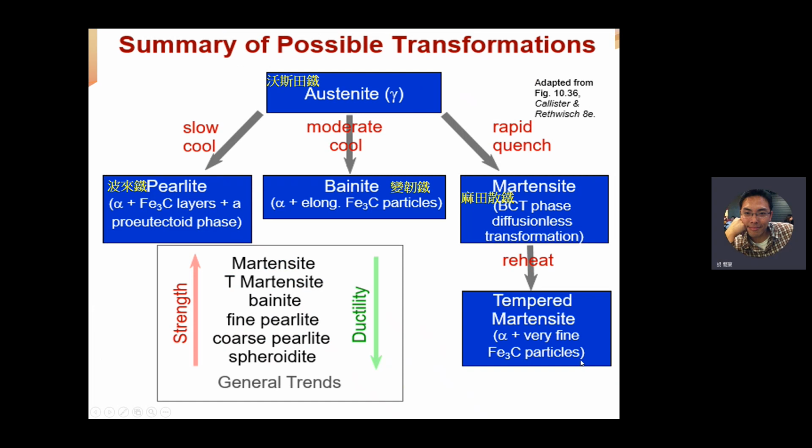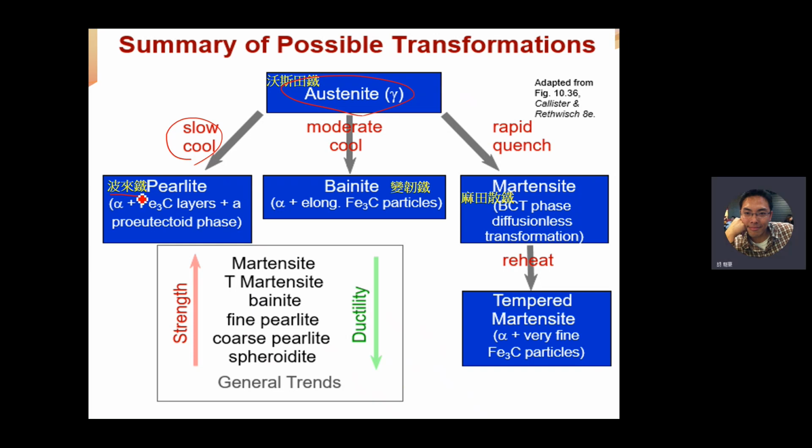Okay, so here is a summary of the possible transformations. We start from austenite, the gamma solid solution, and with different cooling rates we transform into different phases. For a slow cooling rate, the phase will transform into pearlite.